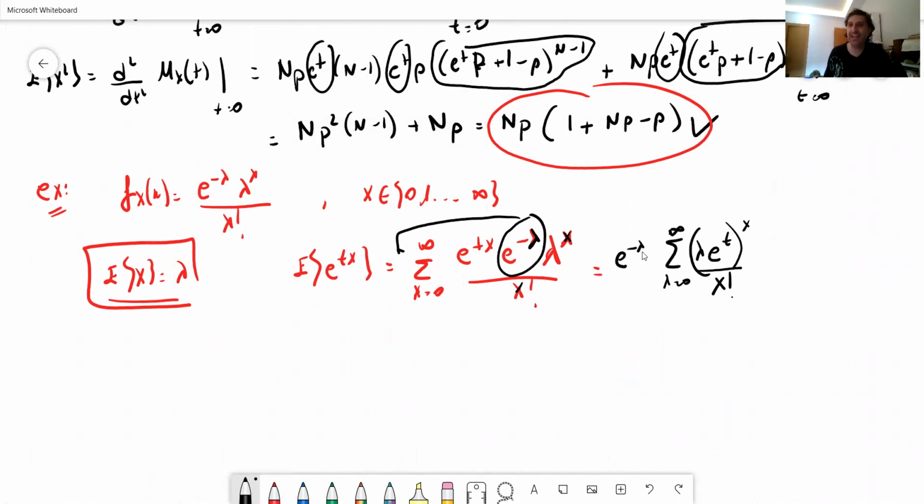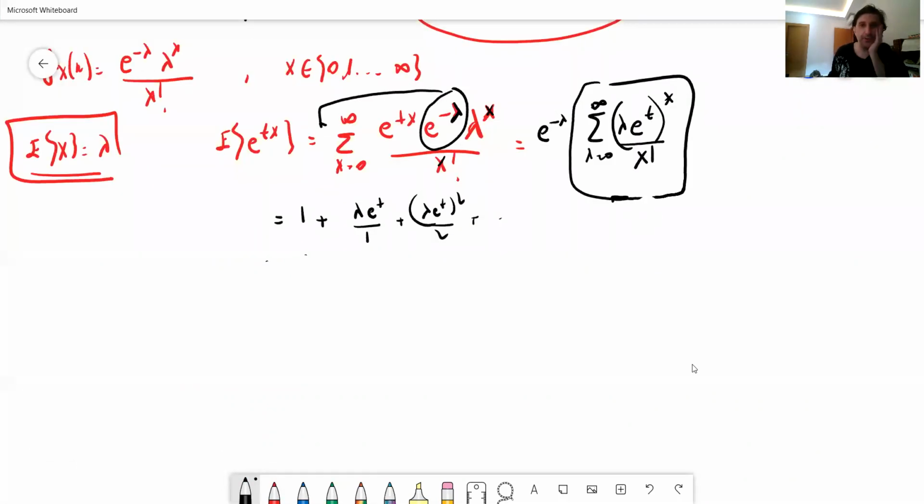Note that this is actually a power series. Therefore, this is going to go from 1, plus lambda exponential t over 1, plus lambda exponential t squared over 2 factorial, and it goes on. Therefore, this part is going to be equal to exponential of lambda exponential t.